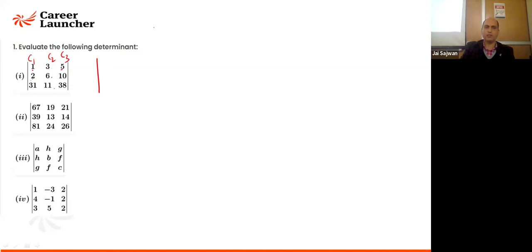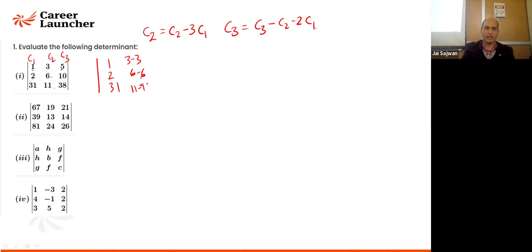So what I do here is I'll say that column second is equal to column second minus thrice of column first, and column third is equal to column third minus column second minus twice of column first. Do you understand, sir? So 1, 2, 31 does not change. Column second minus thrice of this: 3 minus 3 is 0, 6 minus 6 is 0, 11 minus 93. This comes out to be 5 minus, look here, 3 plus 2 is 5.